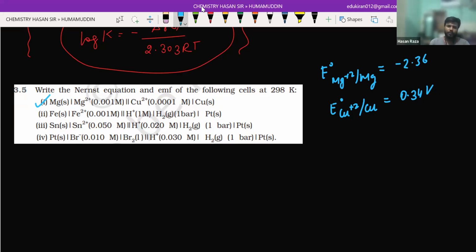First write the Nernst equation. They will definitely give the E naught value, since this question comes from NCERT, the value is already given.